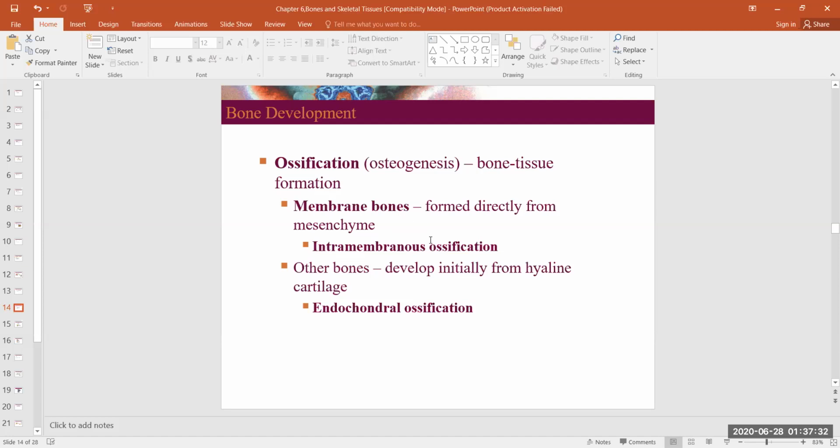So they are nearer to other connective tissue compared to bone. Other bones develop initially from hyaline cartilage, and chondro is the adjective for cartilage. That's why we call them endochondral ossification. That means they are formed in the hyaline cartilage. So there are two ways of bone development: intramembranous ossification and endochondral ossification.